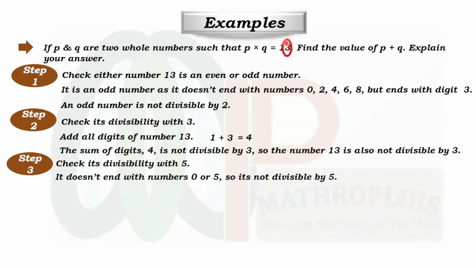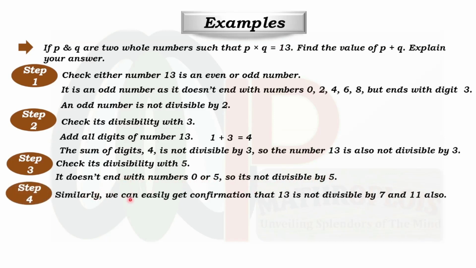It doesn't end with 0 or 5, but with digit 3. So it is not divisible by 5. In the next step, similarly, we can easily get confirmation that 13 is not divisible by 7 and 11 also.